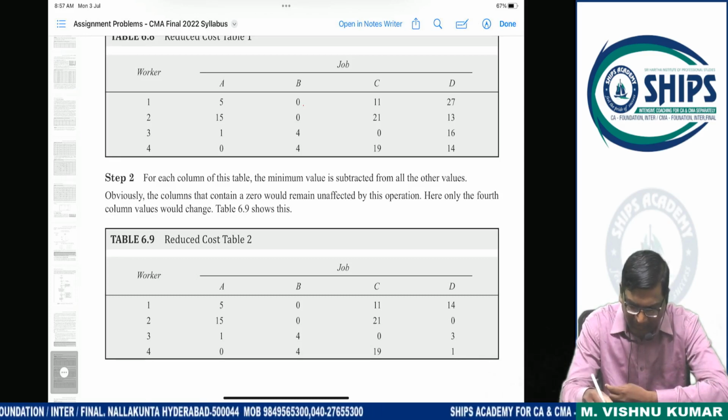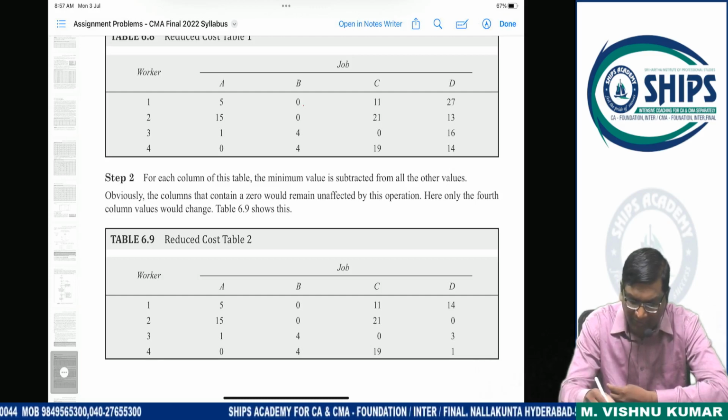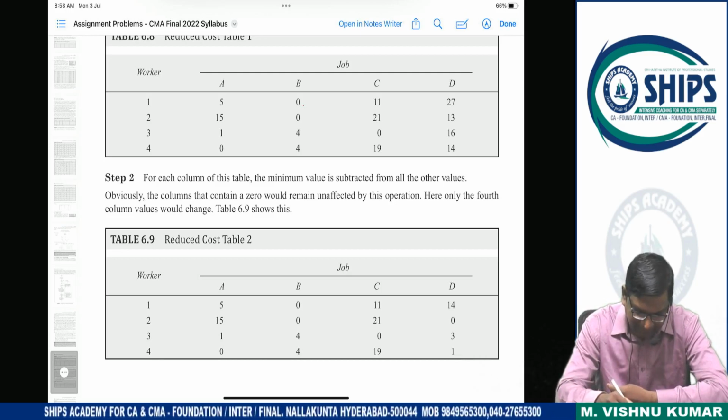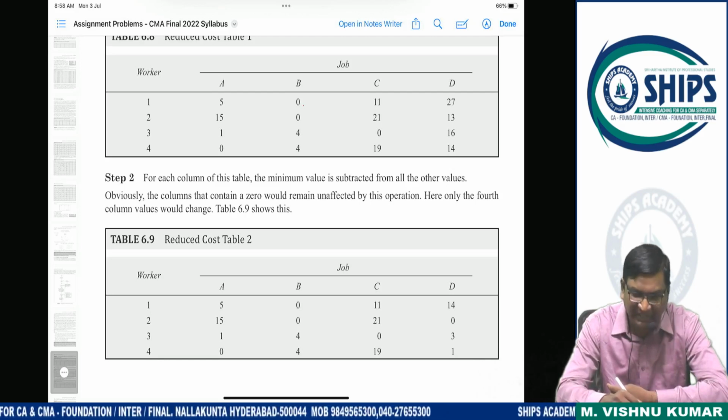But in the fourth column, there is no 0. So select the minimum item in that. 13 should be deducted from all the remaining. So what does it mean? Why are you doing this column operation? The reason is, if job A is given to the fourth worker, he will do this job efficiently.